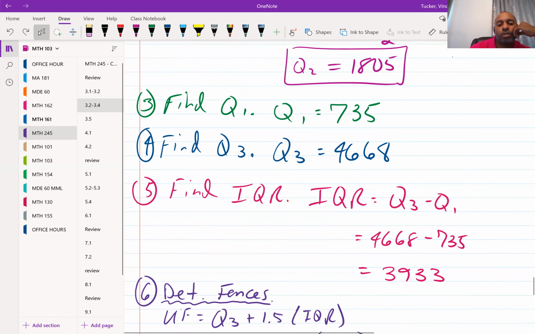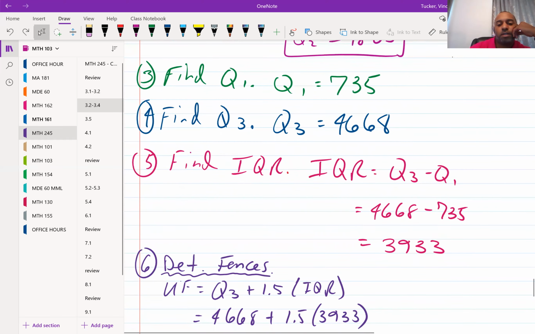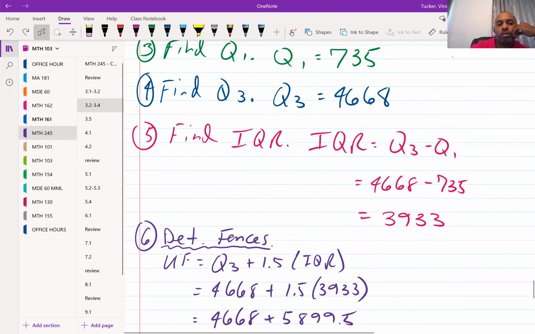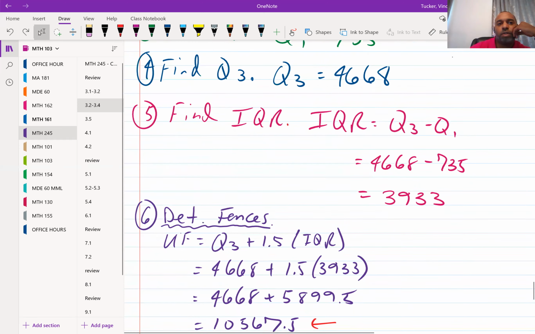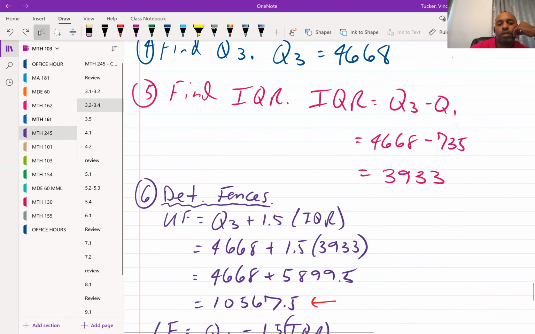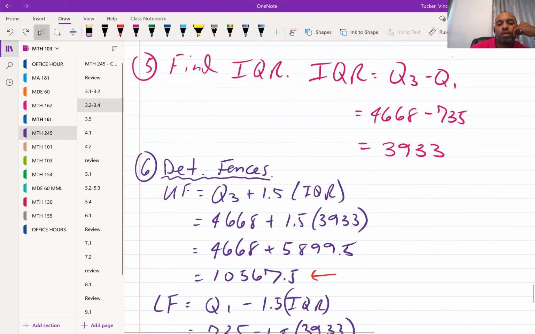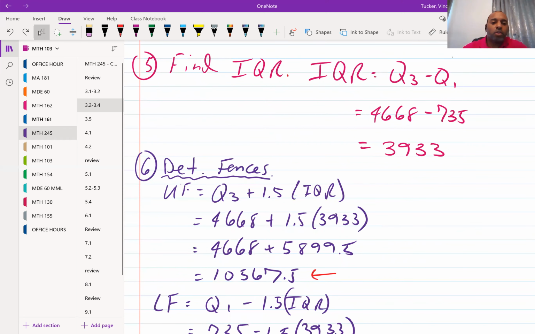Now we can establish or determine our fences. Anybody holding on to Q3, number 4? All right. So our upper fence is Q3 plus 1.5 times the IQR, so that's 4668 plus 1.5 times 3933.